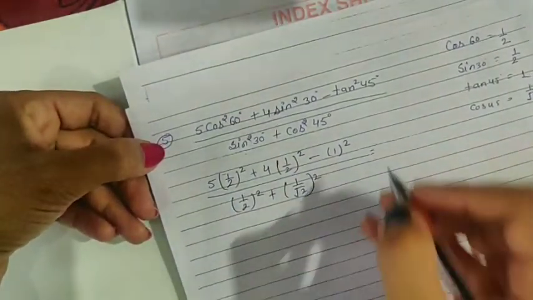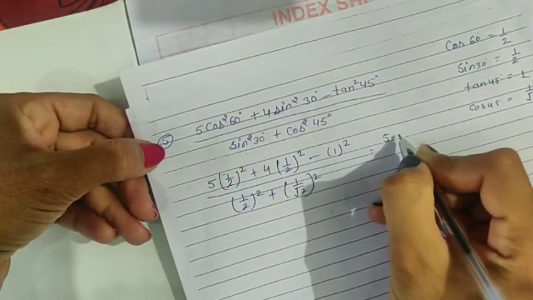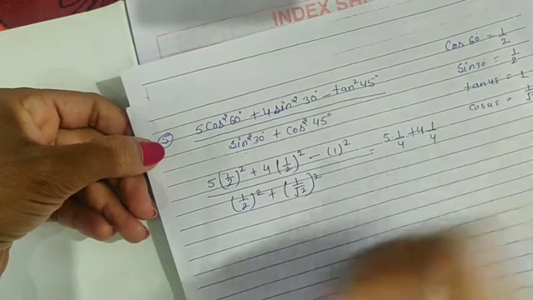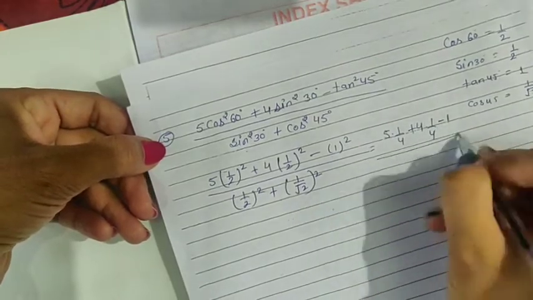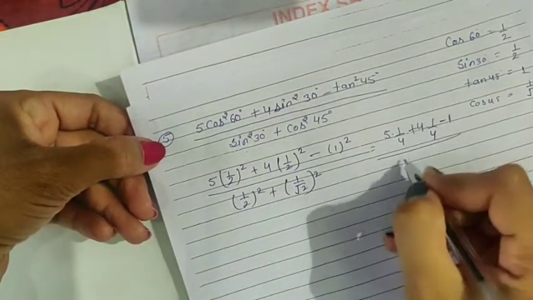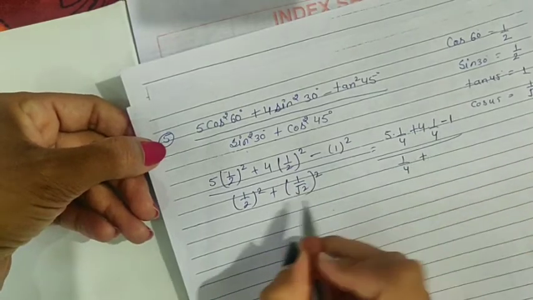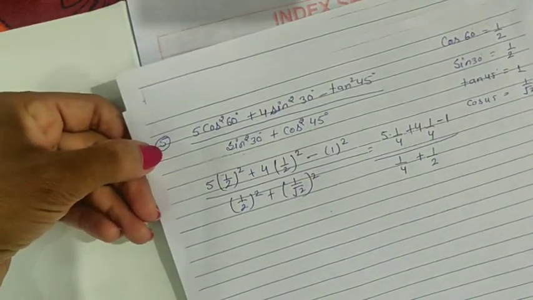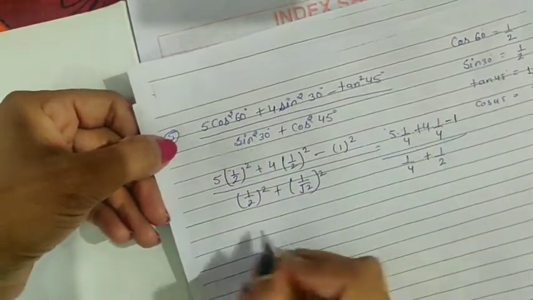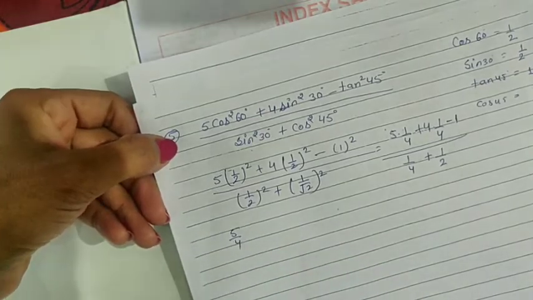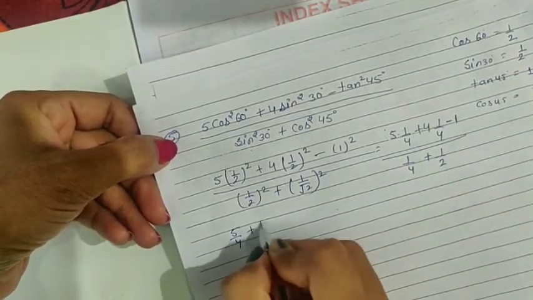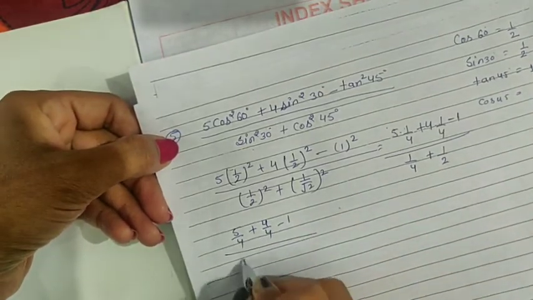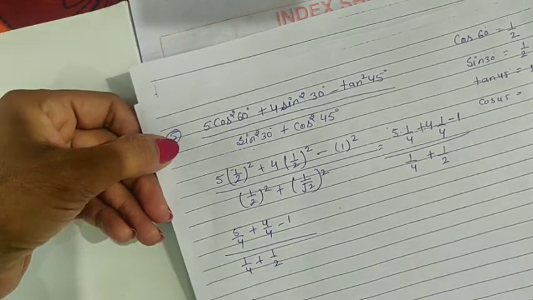Now we will solve this. 5 into 1 upon 4 plus 4 into 1 upon 4 minus 1, upon 1 upon 4 plus square of 1 upon square root of 2, that is equals to 1 upon 2. Now 5 into 1 upon 4, that is equals to 5 upon 4. 4 into 1 upon 4, that is equals to 4 upon 4 minus 1 upon 1 upon 4 plus 1 upon 2.